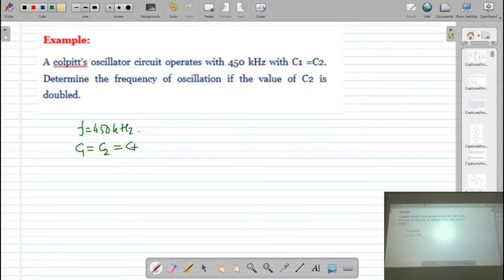So first of all we will see what the frequency of oscillation is when we have C1 equal to C2.